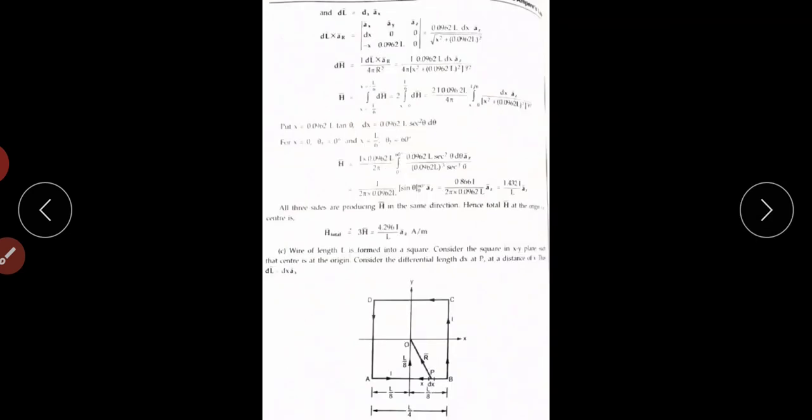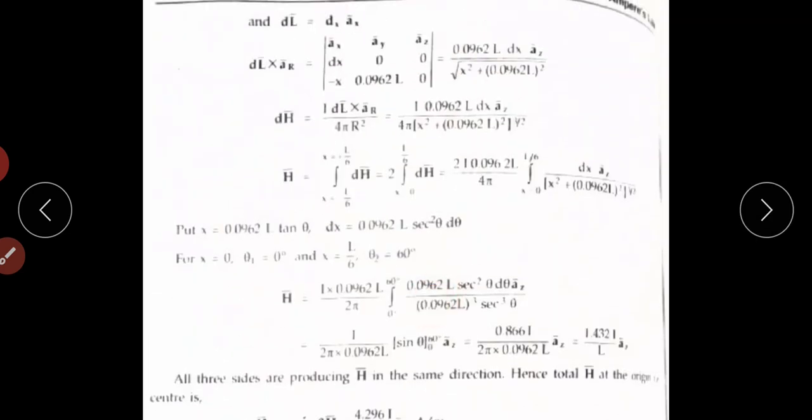So the limits are x equals minus L by 6 to plus L by 6, or 2 into x equals 0 to L by 6 of dH bar. This can be written as 2 into I 0.0962 L by 4 pi integral 0 to L by 6 dx Az bar by (x square plus (0.0962 L) whole square) whole power 3 by 2.